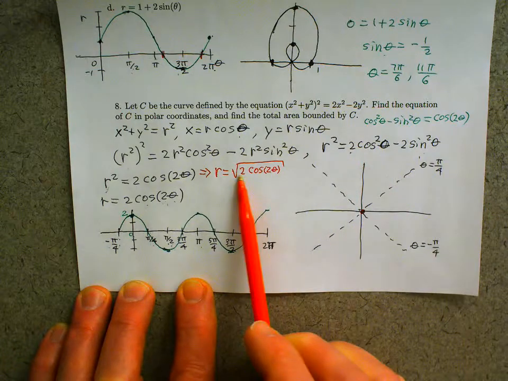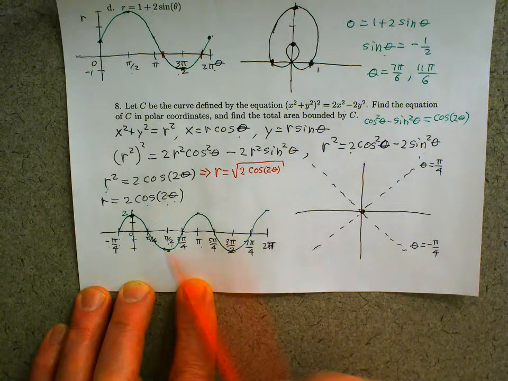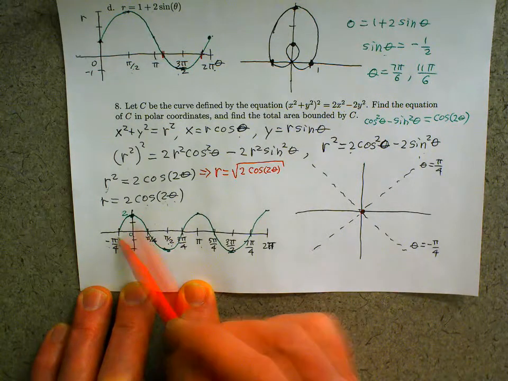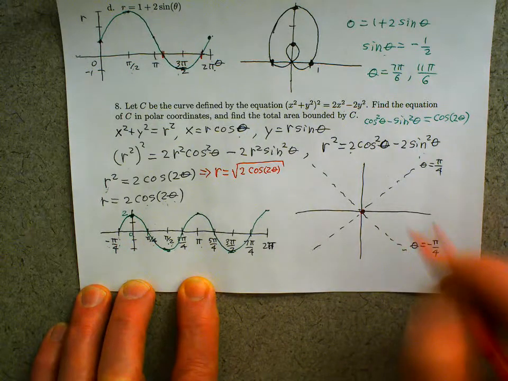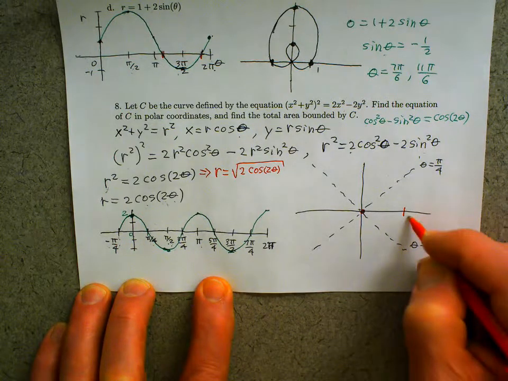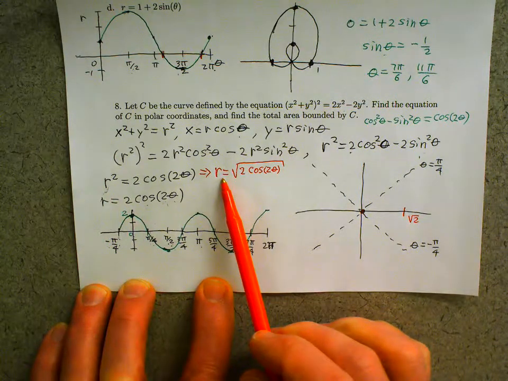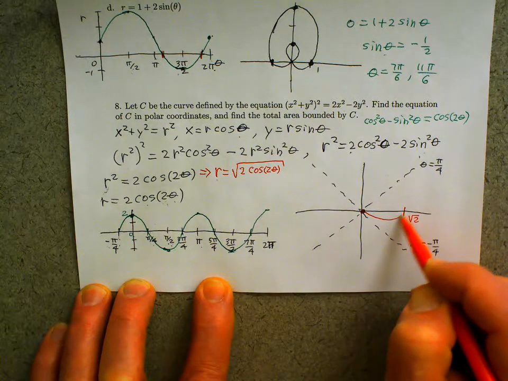So that's why we have to reject the negative values where 2 times cosine of 2 theta is negative, because the square root of a negative is non-real. So between negative pi over 4 and 0, the graph of r squared goes to the square root of 2.